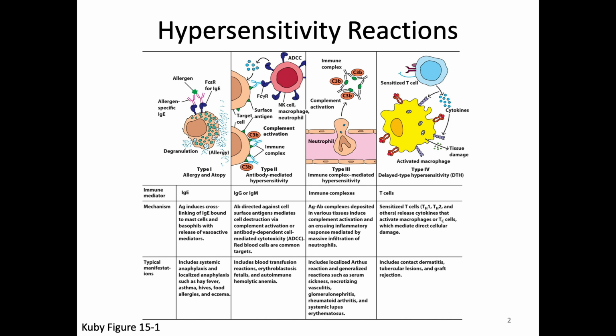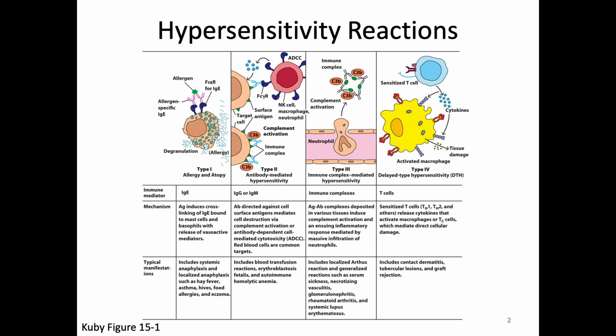And the thing that was particularly important to remember with type 2 is that the antigen is on the surface of a cell. And the thing that happens as a result of the IgG or IgM in this case is that this cell that has antigen on its surface gets killed, potentially by NK cells, potentially by complement. There are lots of different things that can happen to the cell, but the point is we lose the cell.